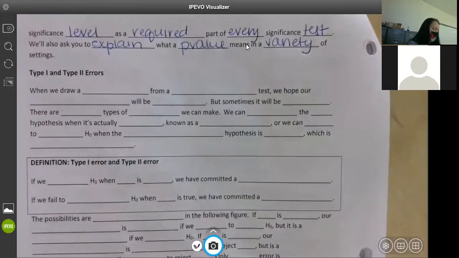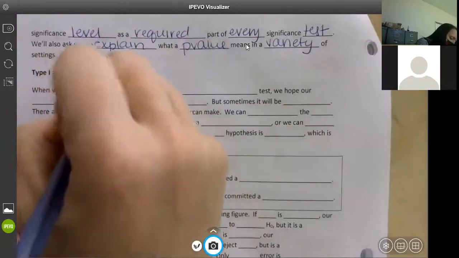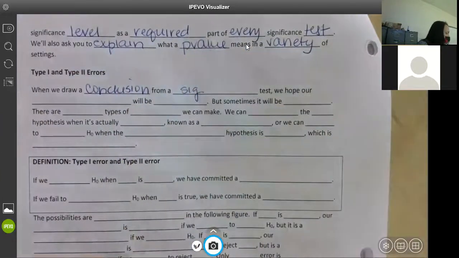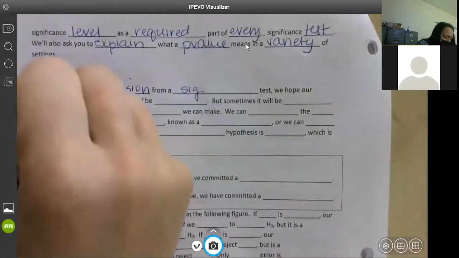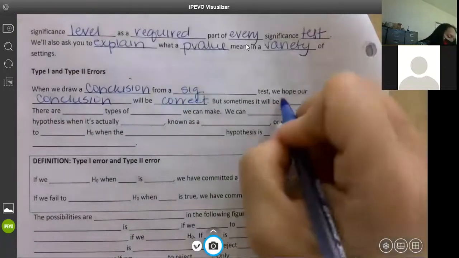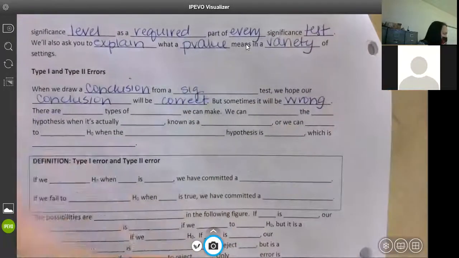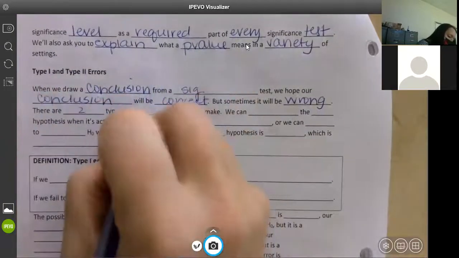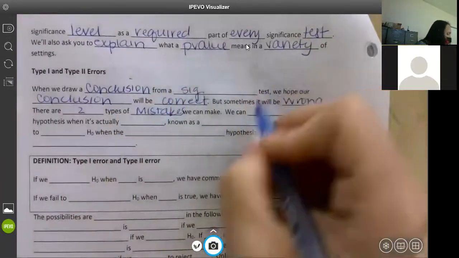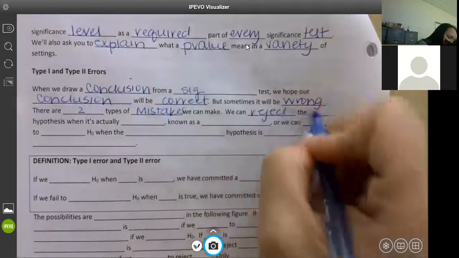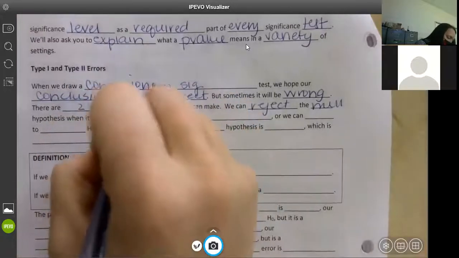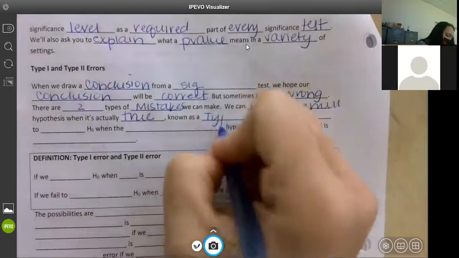All right, so type 1 and type 2 errors. When we draw a conclusion from a significance test, we hope our conclusion will be correct. But sometimes it will be wrong. There are two types of mistakes we can make. We can reject the null hypothesis when it's actually true, known as a type 1 error.